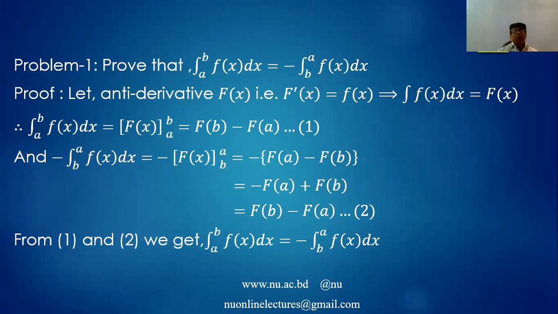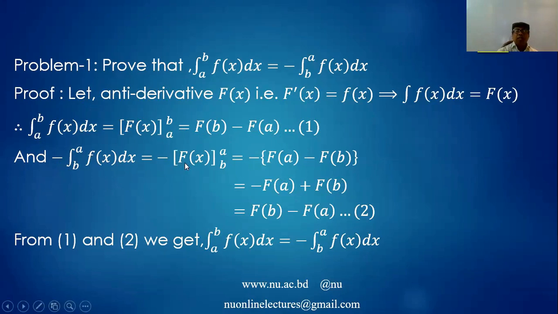Look, for F of x from a to b, how do we substitute the values? Already I told you, this is F of b minus F of a. Number one. And minus the integration from b to a of f of x dx equals what?